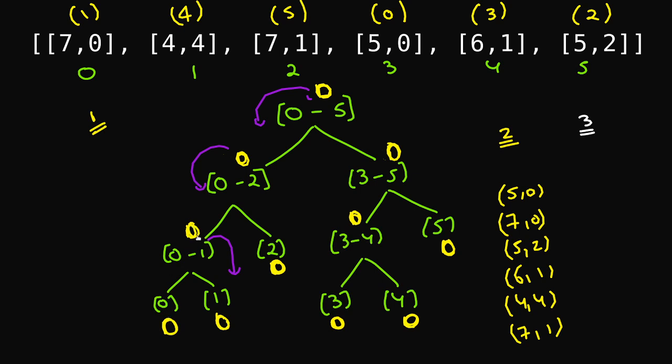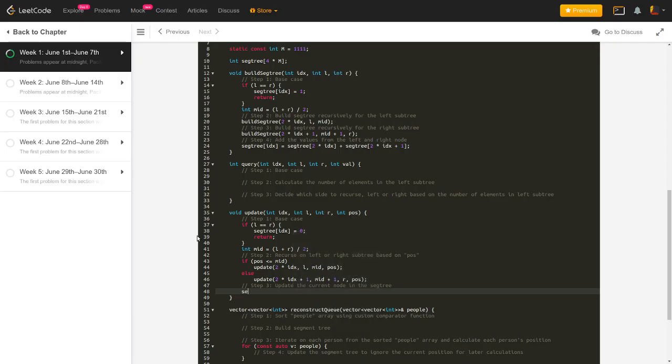This is a basic segment tree style thing. So you just do sec tree of index equals the same thing that we had in the build segment tree function. You can just use it here. Use sec tree of index equals sec tree of 2 times index, which is the left node, plus sec tree of 2 times index plus 1, which is the right node. So this is what you can do next.